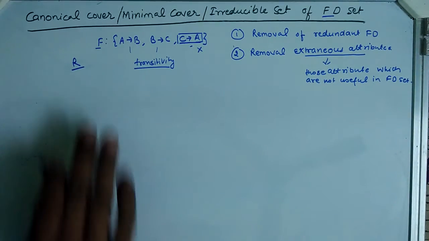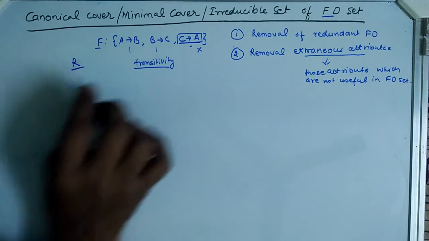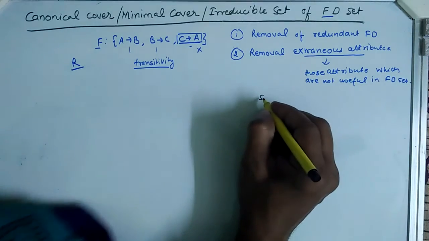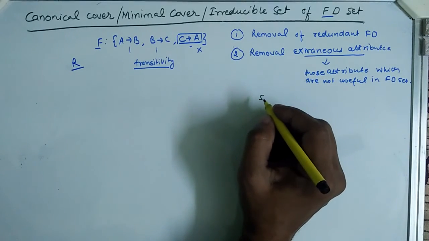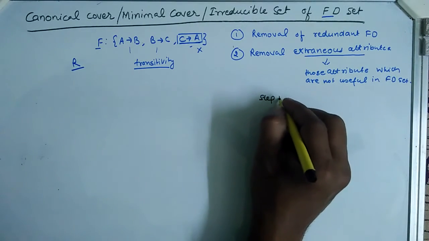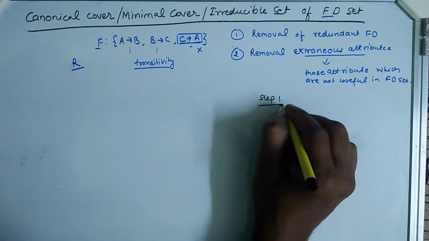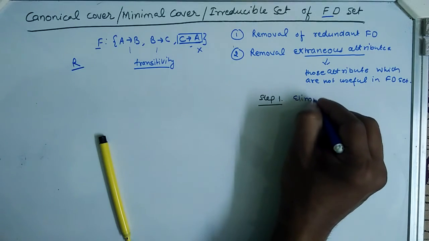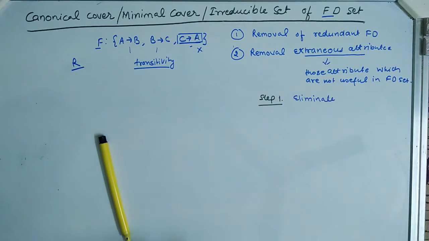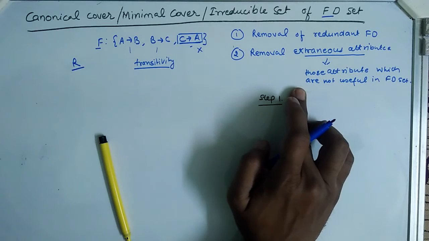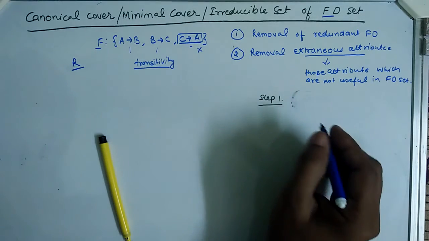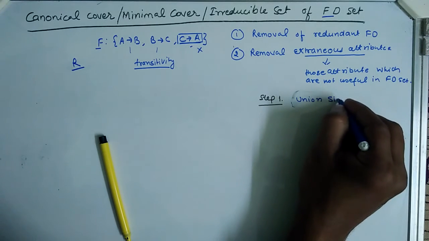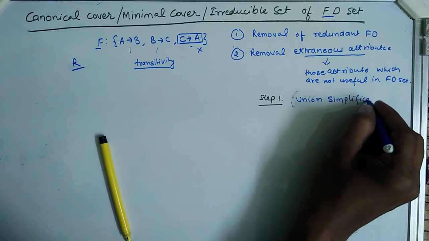For any set of functional dependencies, the first step would be union simplification.